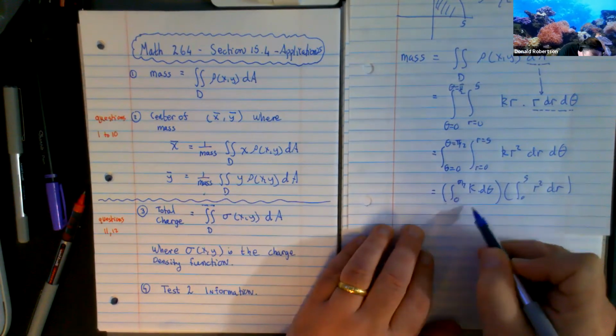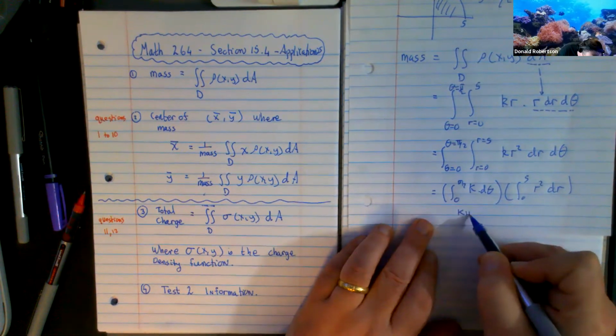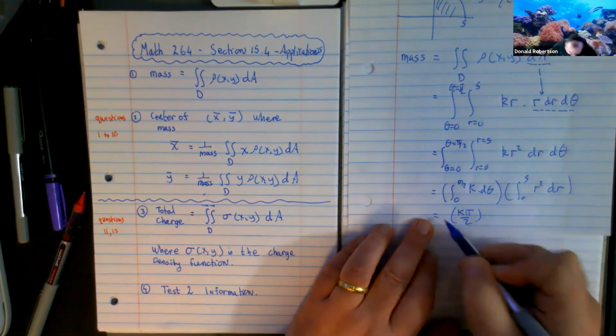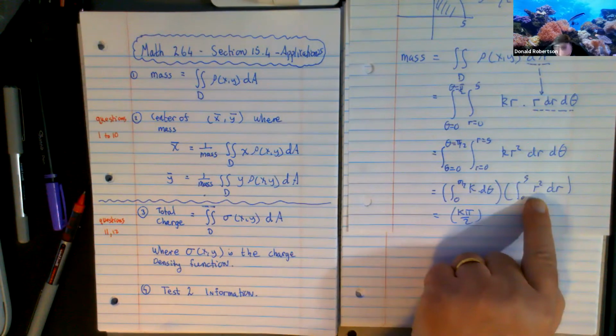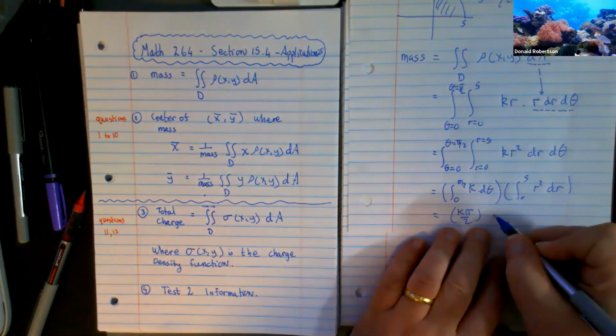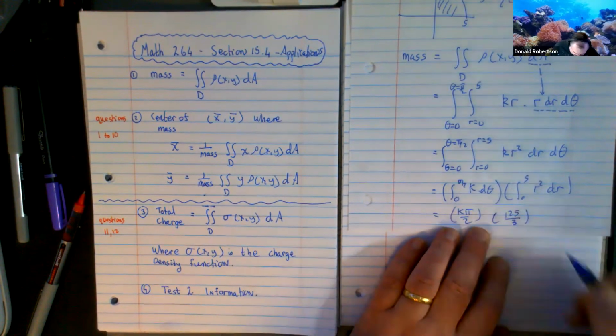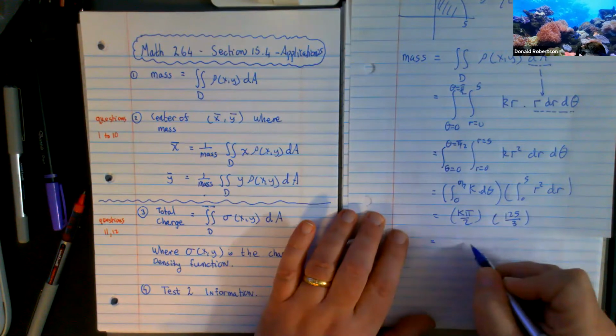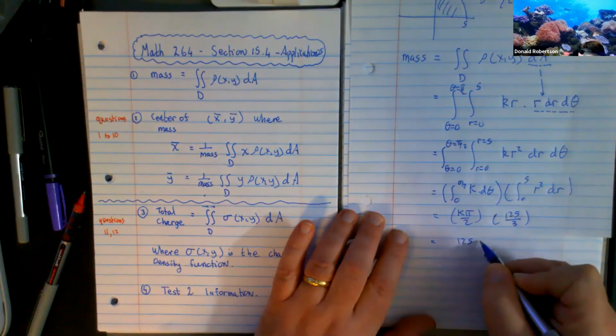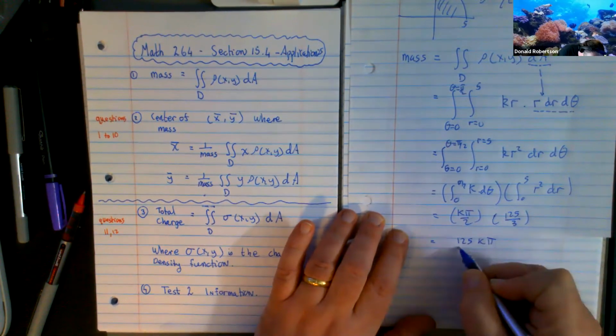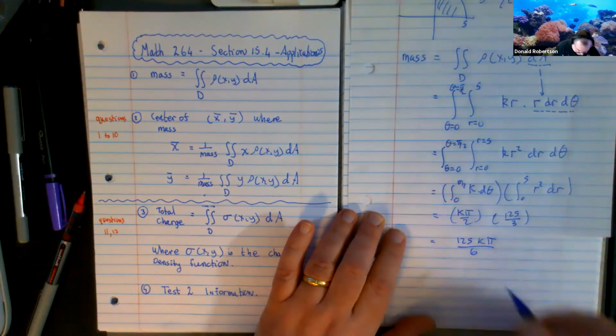If you do this guy, you will end up with K pi over 2. This guy will get you 1/3 R cubed, which will get you 125 over 3. And so we have 125 K pi over 6. And there's your mass.